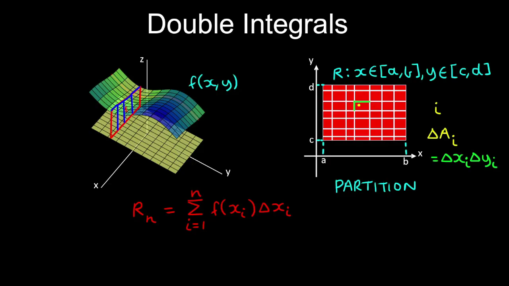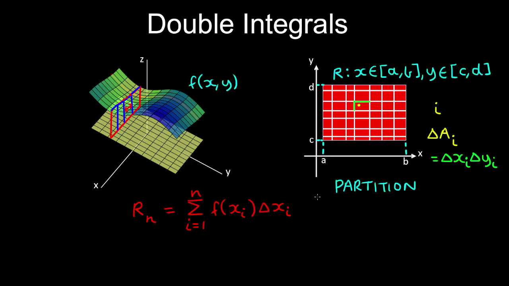So for example, this rectangle here has some width delta x_i, and then multiplying this by the value of the function at some point along this rectangle, we got the left Riemann sum, right Riemann sum, and midpoint Riemann sum. So this point where the rectangle touches the curve can be chosen arbitrarily.